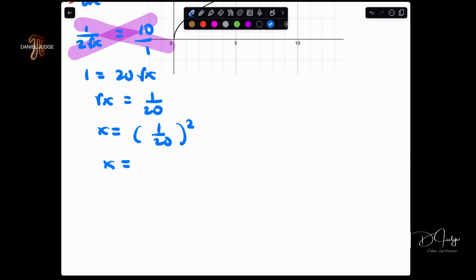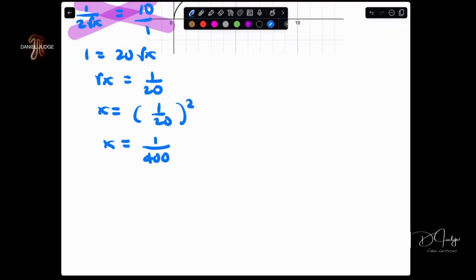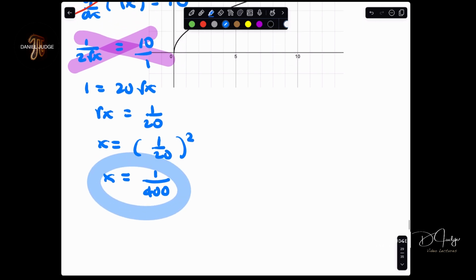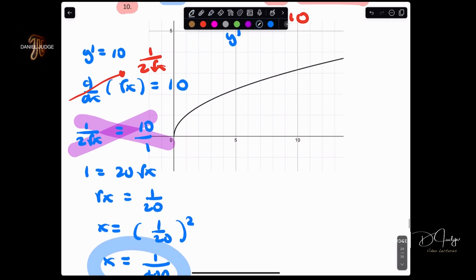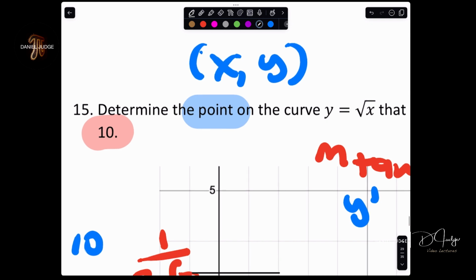I could do the arithmetic, but I guess that's 1 over 400, right? Anyway, let's keep it as 1 over 400. So this is the x coordinate. What is the y coordinate? Okay, because they want the point, and the point is an x and y coordinate value.